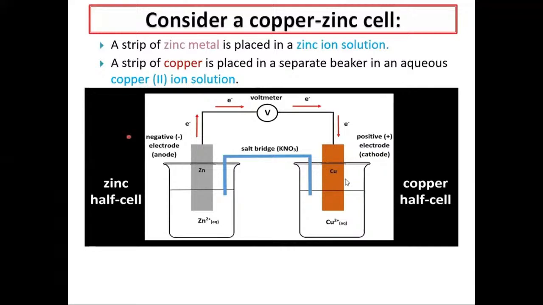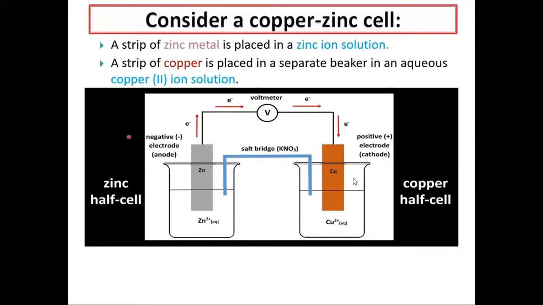If copper is less reactive compared to zinc, then it's ready to receive from zinc. To receive what? Electrons. So zinc is going to cause copper to be reduced. Therefore, zinc becomes a strong reducing agent, supposed to be at the anode.